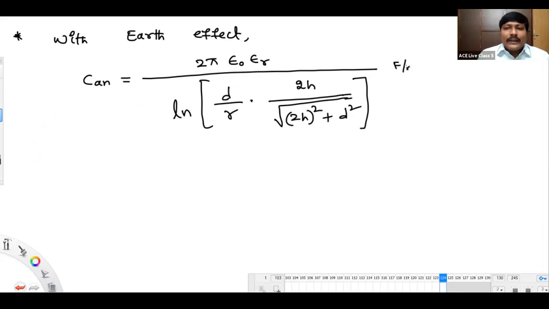This will be in terms of Faraday diameter. 2 pi epsilon naught epsilon r by ln of d by r into 2h by root of 2h square plus d square. Like this you can get by including the earth effect.